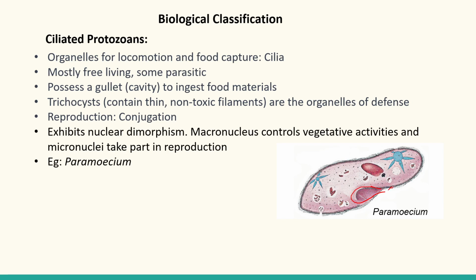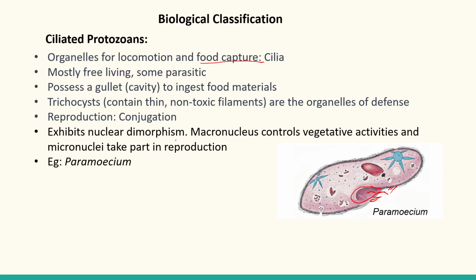The cilia present here make a current in the water, and this water current helps the food to move inside the gullet. So the cilia help in food capture besides locomotion.